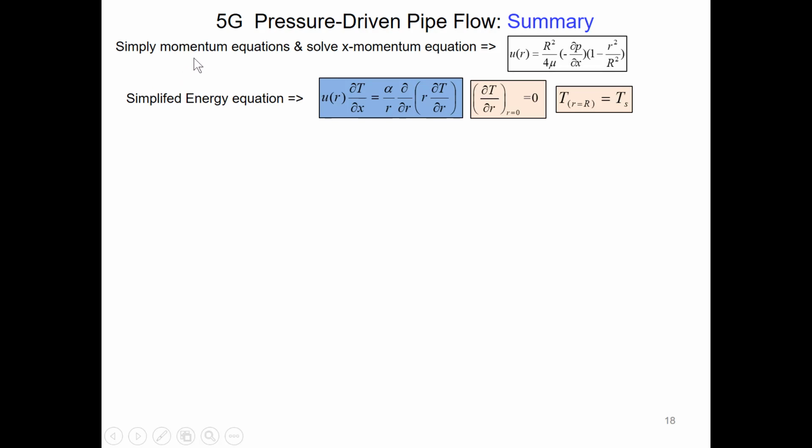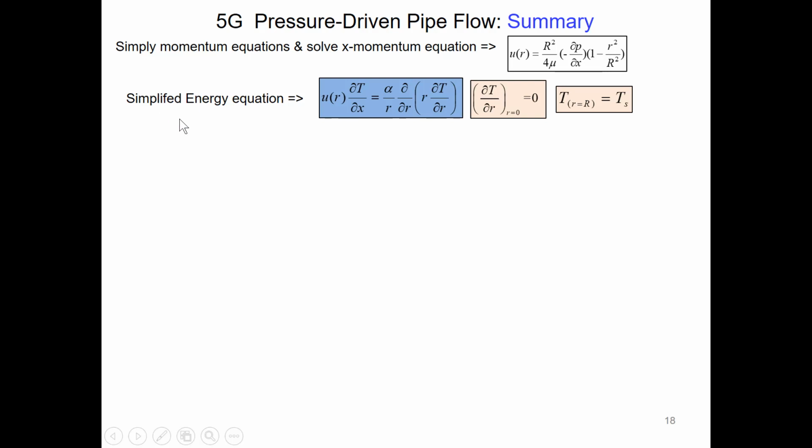After simplifying the momentum equation and solving the only left x momentum equation, we obtained the velocity distribution inside the pipe, which is parabolic.